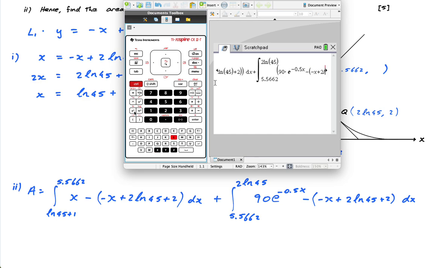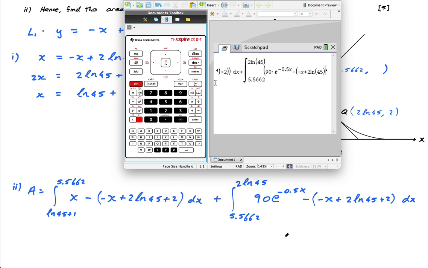Obviously, guys, loads of opportunity to make mistakes here, so be very, very careful. Actually, I'd probably recommend splitting it, doing two separate ones. But the working marks are for writing out the integrals. That's the main thing that you have.